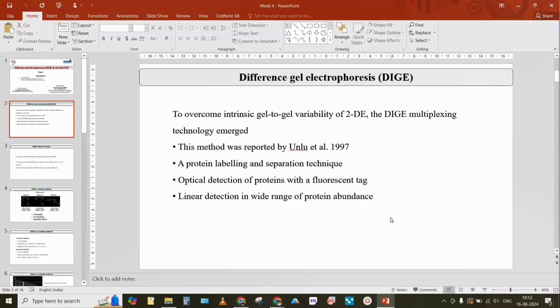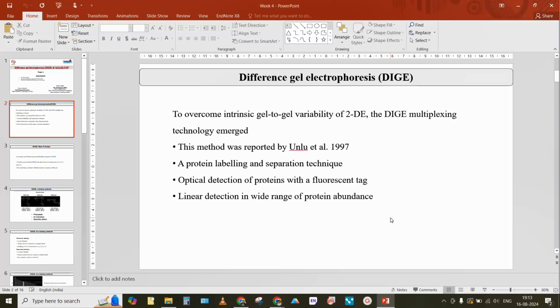So this method, difference gel electrophoresis, in layman language is called DIGE. In the entire lecture, I'll use the term DIGE. This involves protein labeling and separation techniques. The optical detection of the proteins is done using fluorescent tags. This method performs linear detection over a wide range of protein abundance.